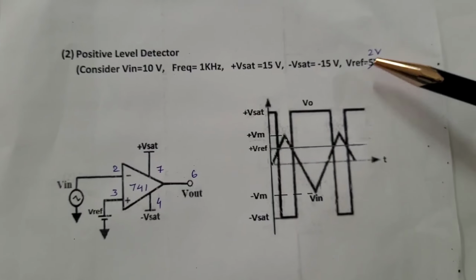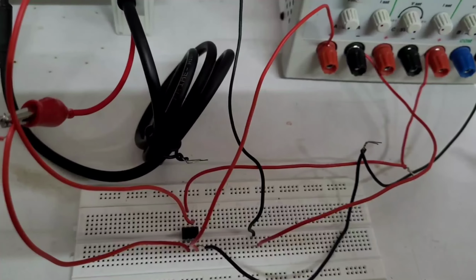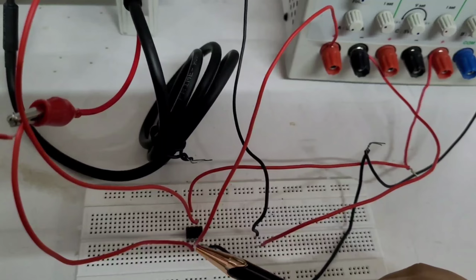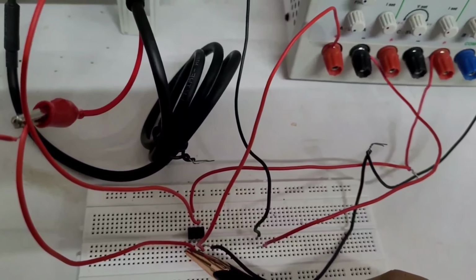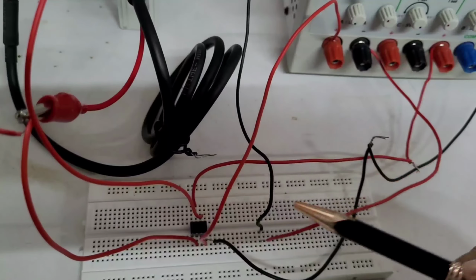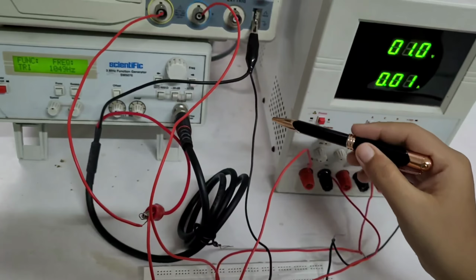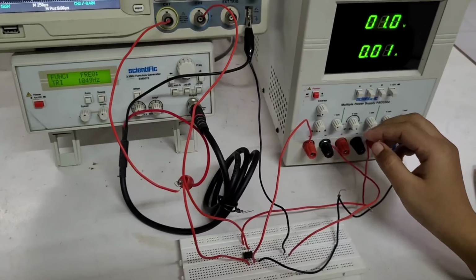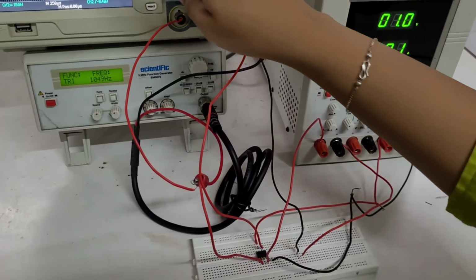Let's observe the waveform. In this circuit, the positive reference voltage is fed to the pin number 3. Pin number 2 is fed with input signal. Negative of the V reference and negative of the input is connected together. Reference voltage right now is 1 volt.